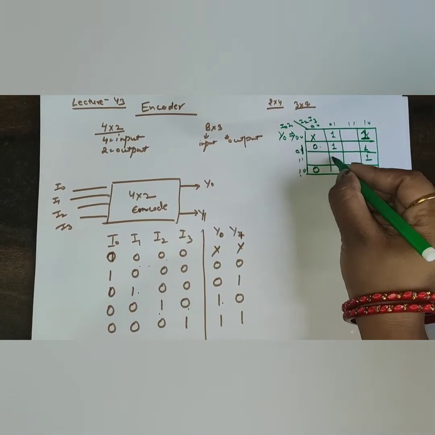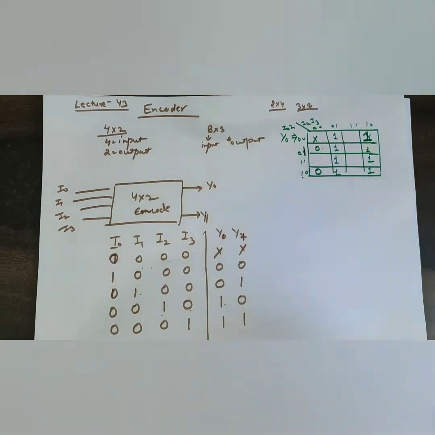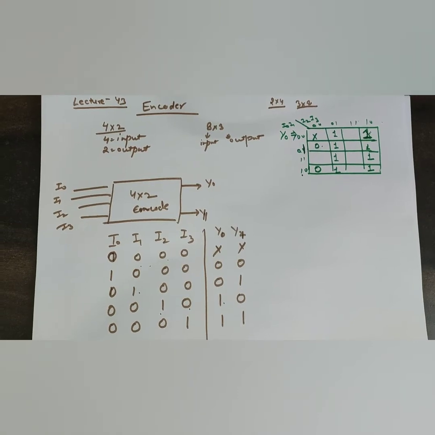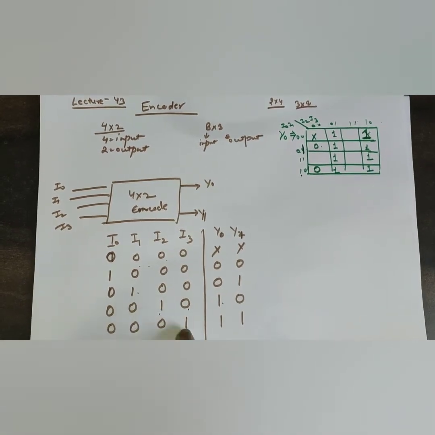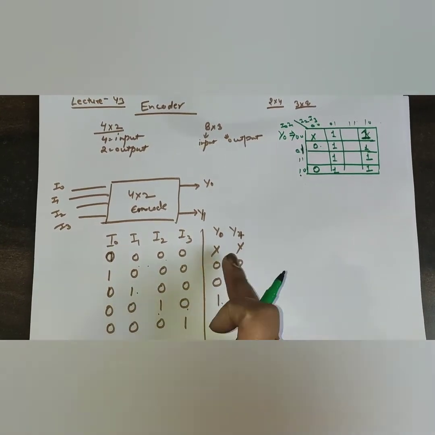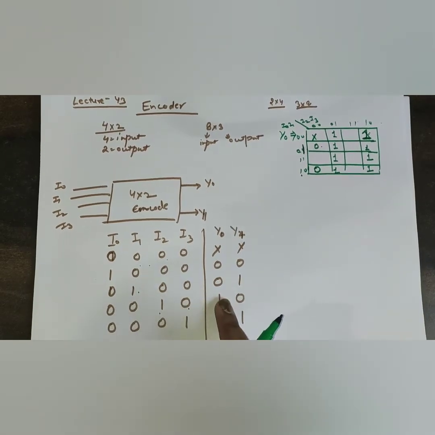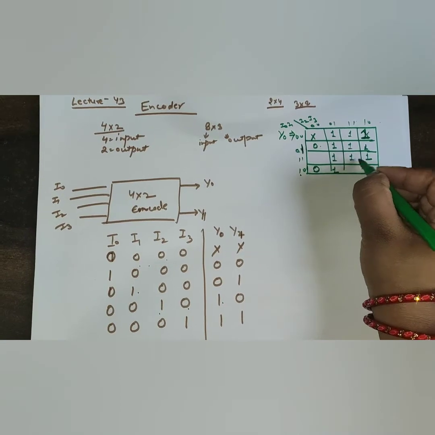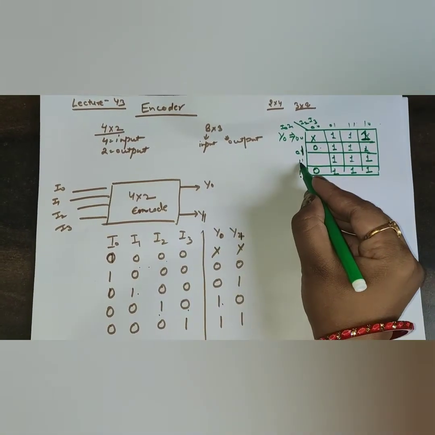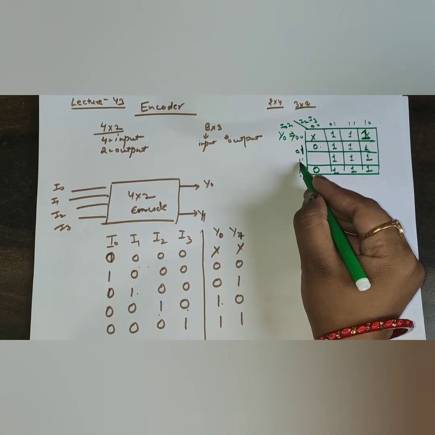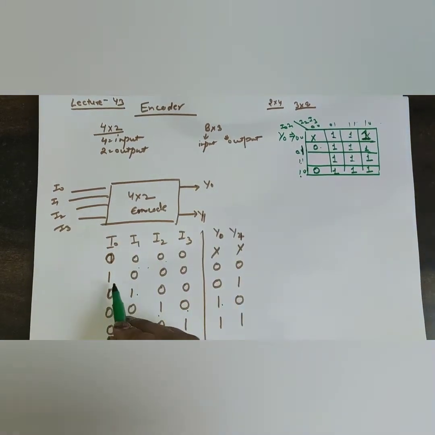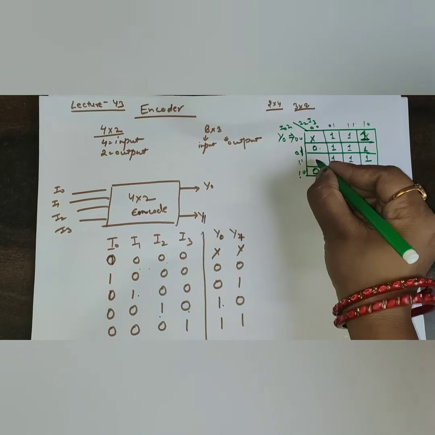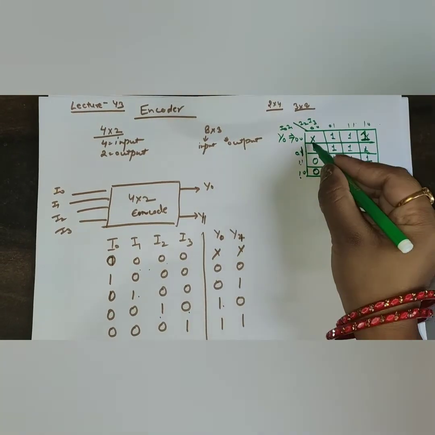And at the 0 1 condition this will be 1. Now at the 1 1 condition, I2 and I3 both are 1, then I2 is 1 so Y0 is 1, I3 is 1 so Y0 is 1. So it will be 1, and at this condition I2 I1 and I0 will be 0, so it is a don't care condition.